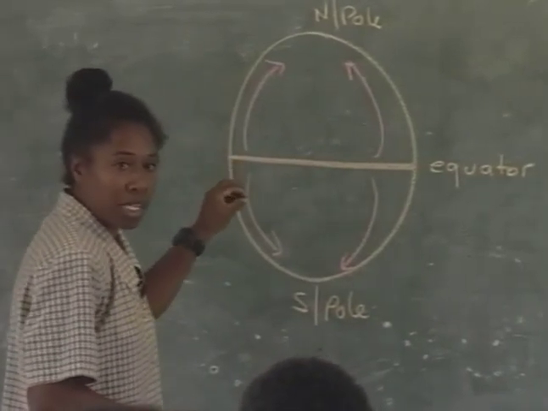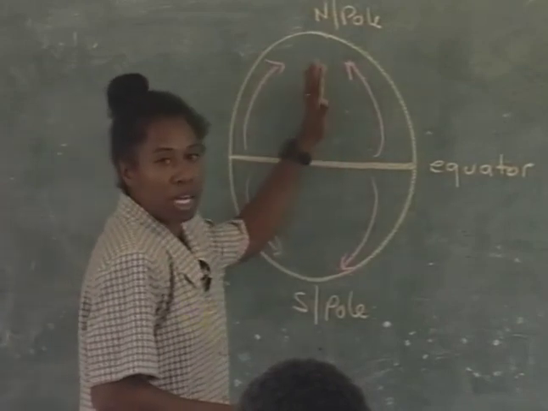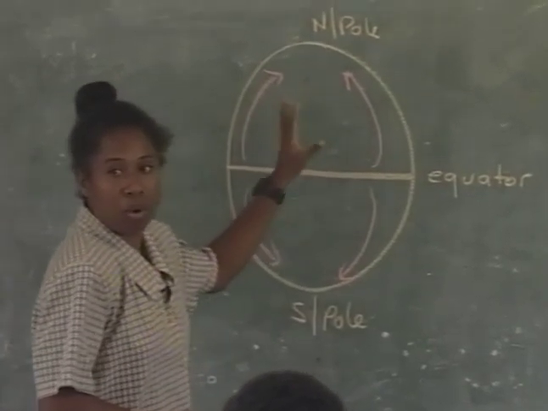Therefore, the body of water that is moving away from the equator towards the poles tends to be warmer or hotter.